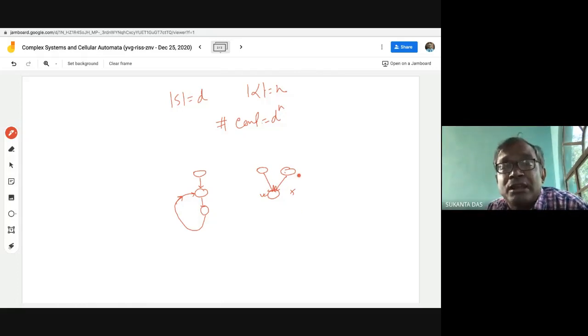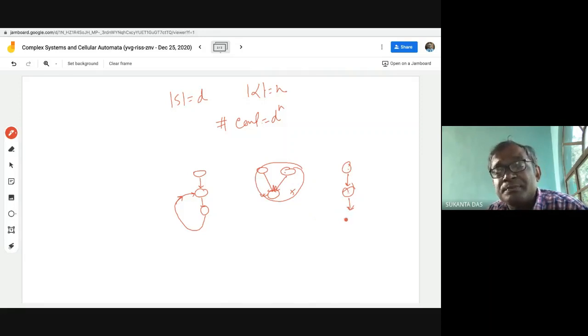So this is not allowed. What is allowed is only a relation from one configuration to another to another. So it is reachable only from one configuration, right? This is a property of injectivity.